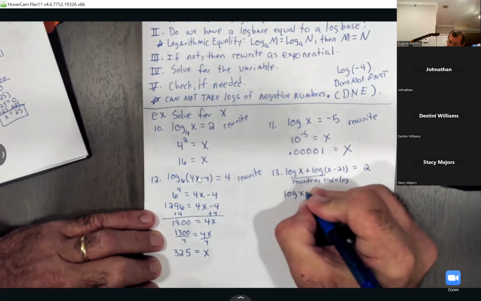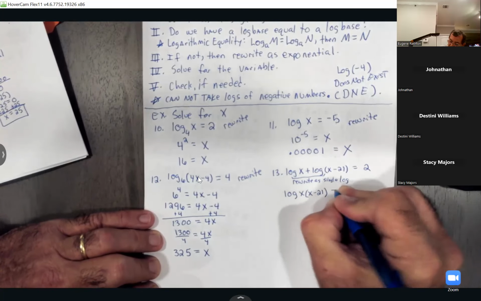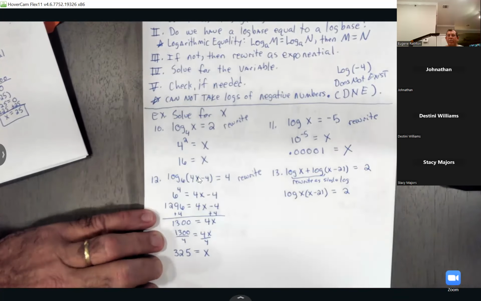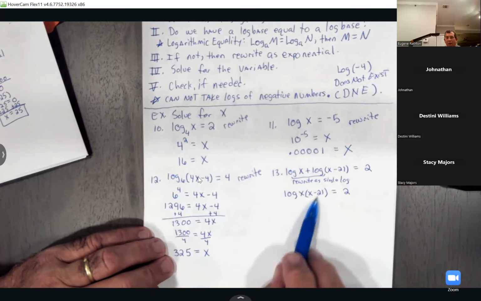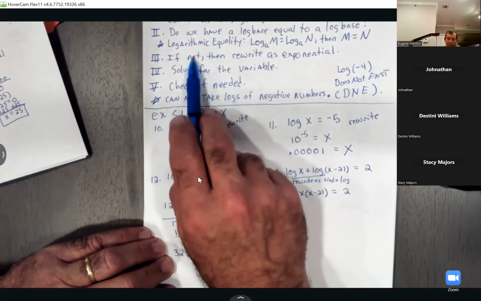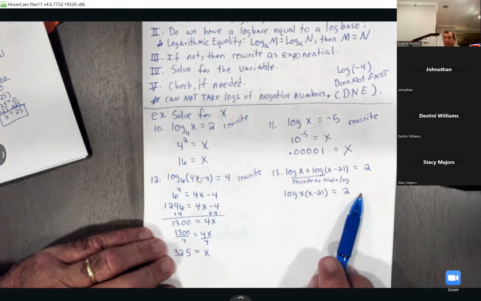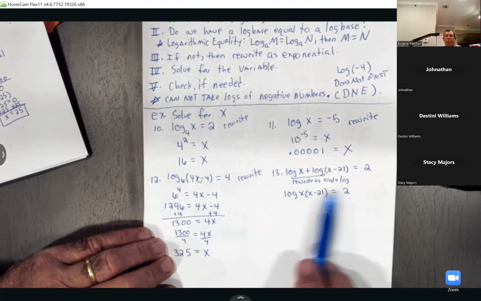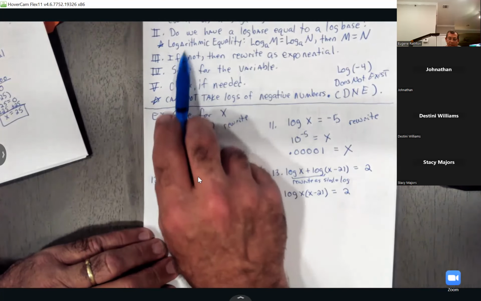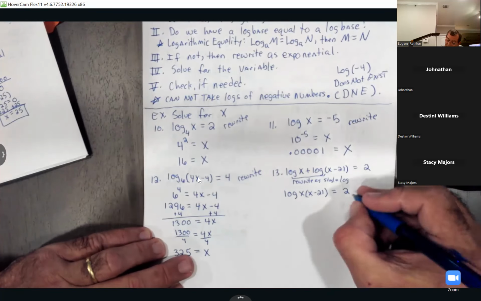So we'll have our x times x minus 21, all that equal to 2. But notice, we now have a single log over here. And up here, once we got it as a single log, we still don't have a log base equal to each other on both sides. So now we're going to this step. We're going to rewrite as exponential.